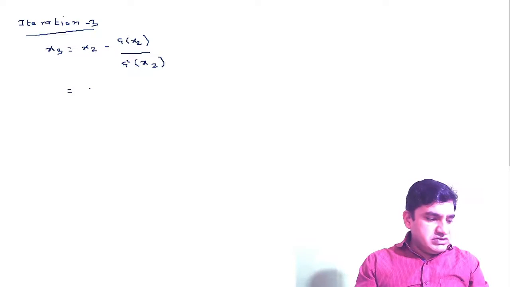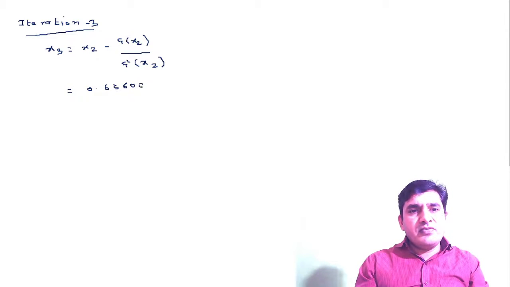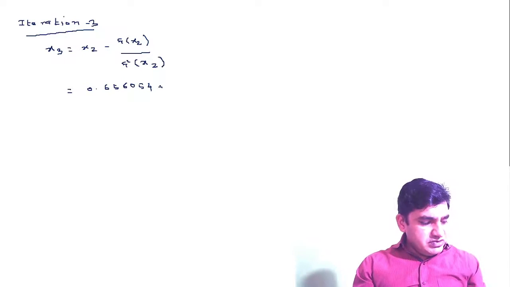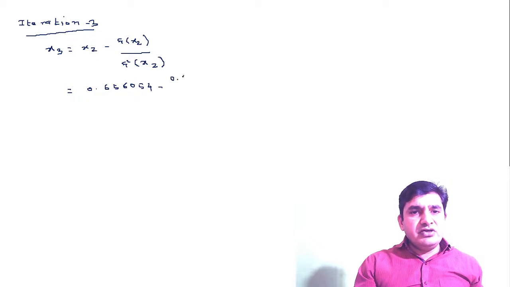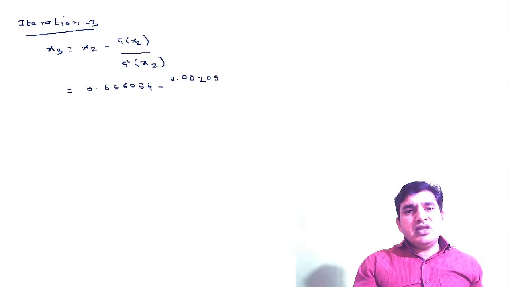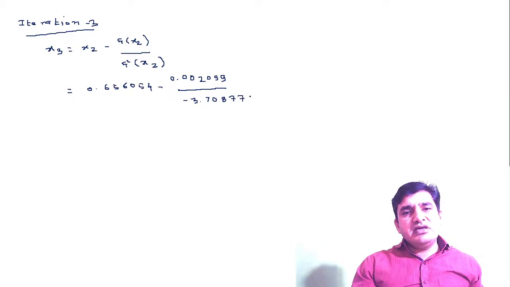So x2 is 0.656054 minus, when we put the value of x2 in the given function, we get f of x2 as 0.002099 and f dash of x2 as minus 3.708778.